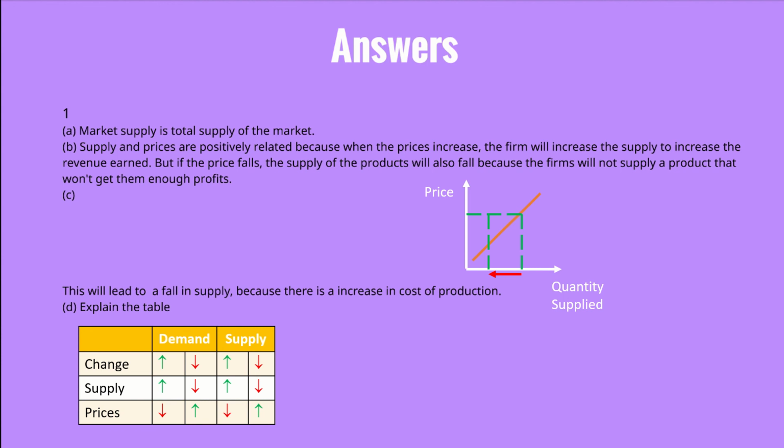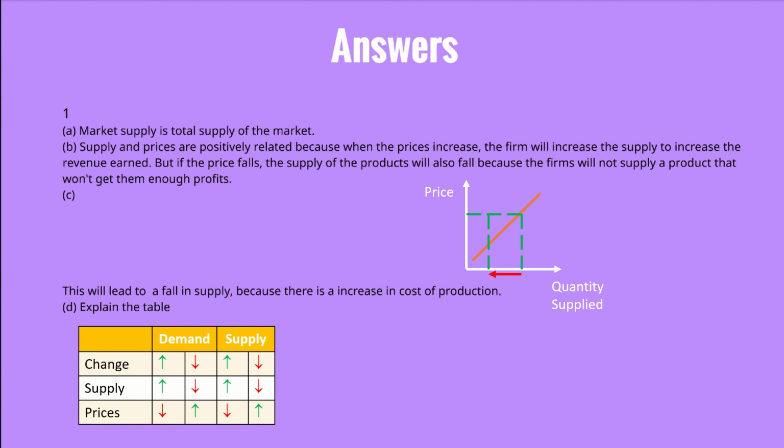So if there is a change in demand, if the demand increases, then the supply will also increase because there is more demand. Why? Because there might be low prices, or this might lead to low prices. So basically this is in a sequence.